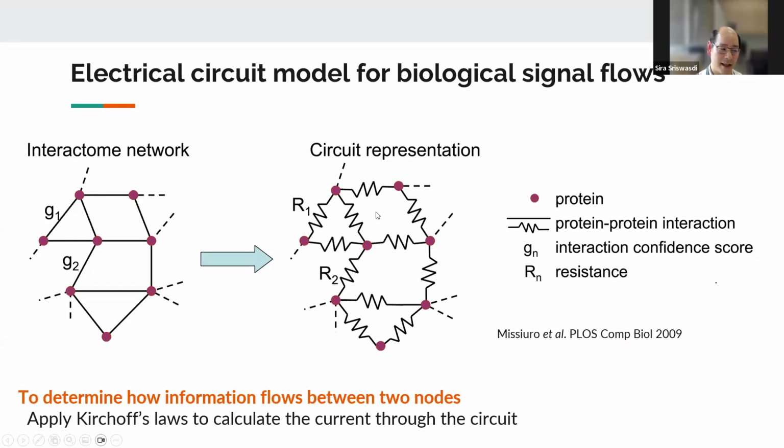And she can calculate how much information flows across the genes by treating the flowing information as an electric current inside the circuit. And because most of you probably have studied circuits in high school, you know that if we know all the resistance, we know the entire circuit, we can calculate the amount of current through any wire inside.